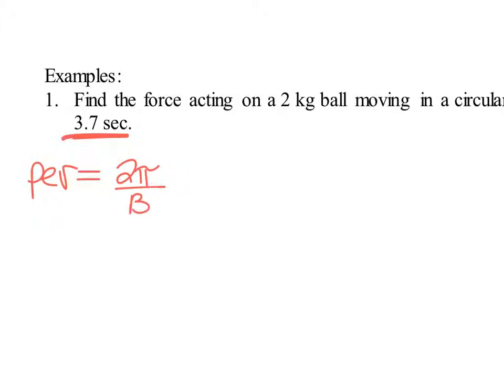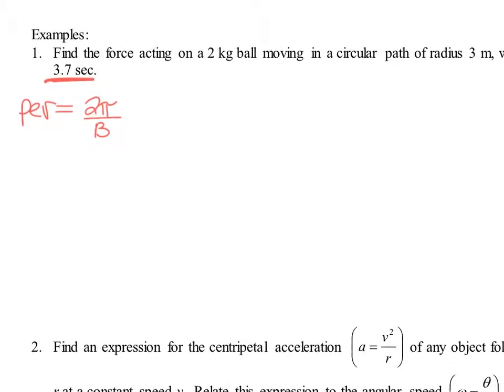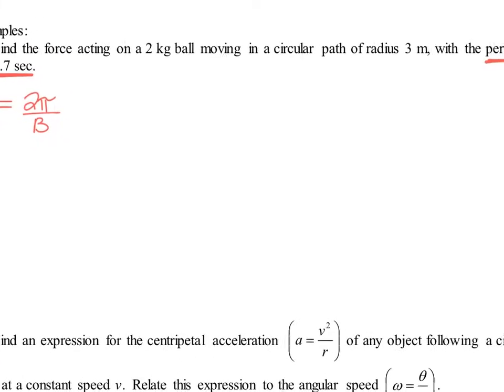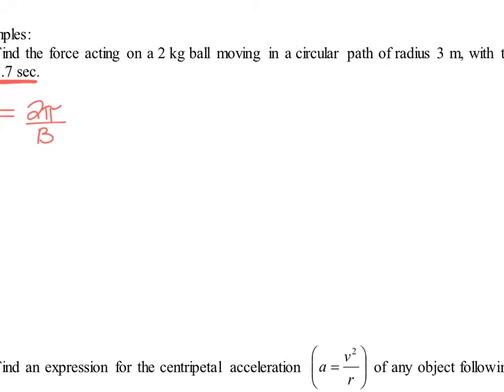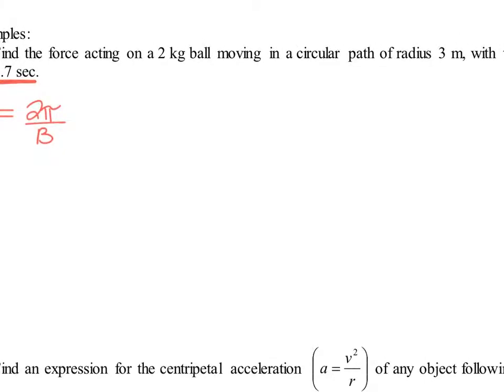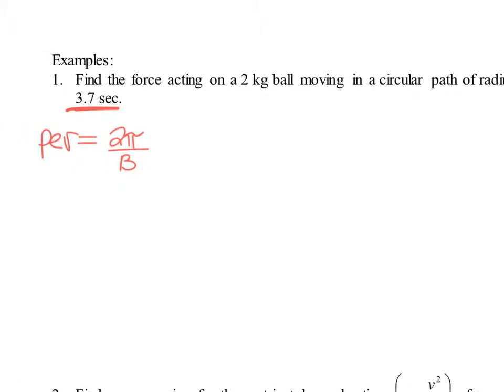All right, so 2 pi divided by the frequency gives you the actual period. All right. Now what they're telling us here is that the period is 3.7 seconds. If I'm gonna generalize my model, I need to pop in the 3.7 seconds for the period, which would make the b value in my model 2 pi over 3.7. I'm not interested in changing that into some disgusting decimal. I'll just leave it like that.